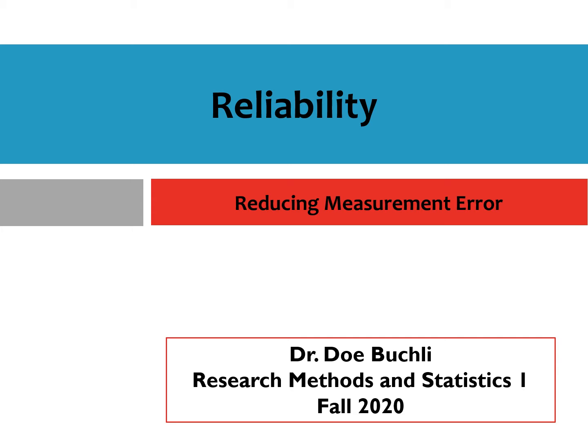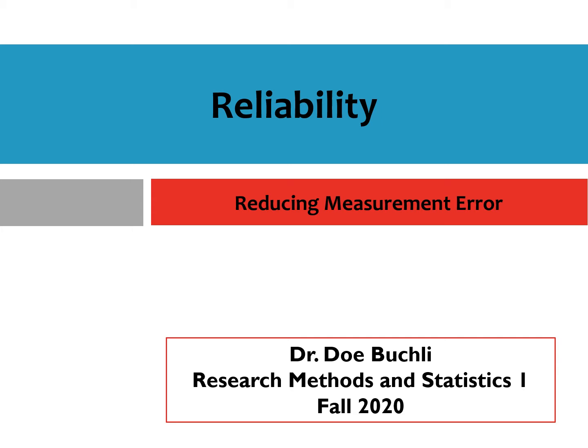Unsystematic or random error always changes our obtained score unpredictably. So it could either increase the score for one measure and decrease it the next. So it's random and unpredictable, whereas with systematic measurement error, it's always either increasing or decreasing. It doesn't change.